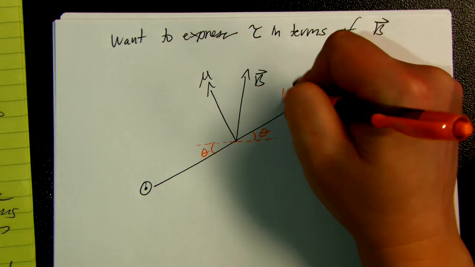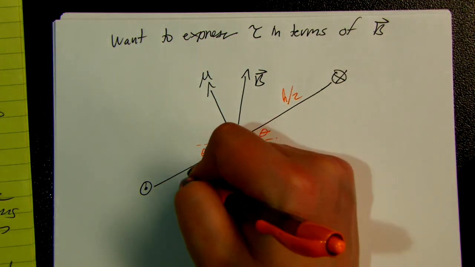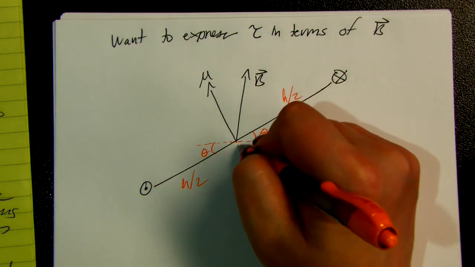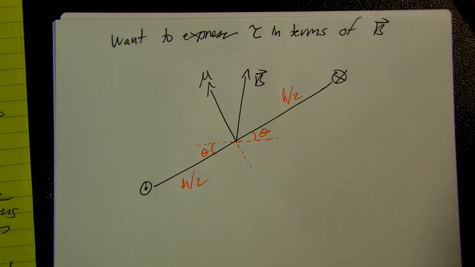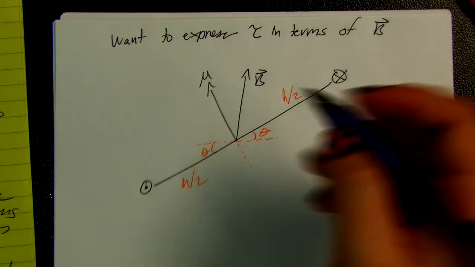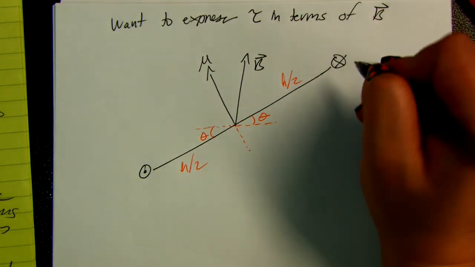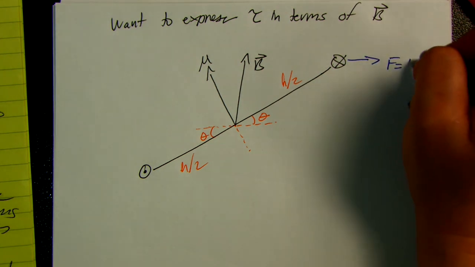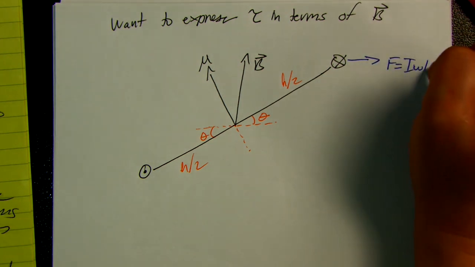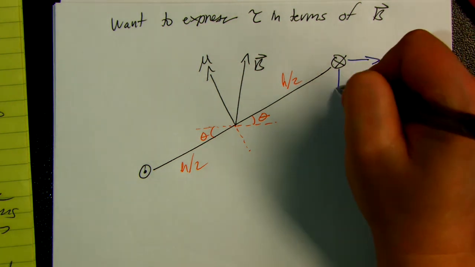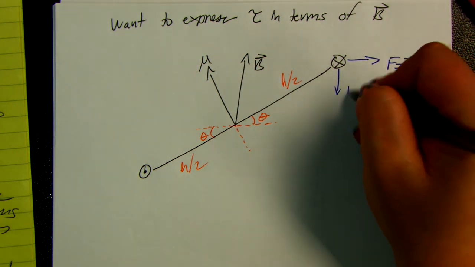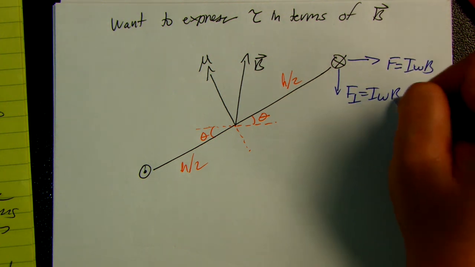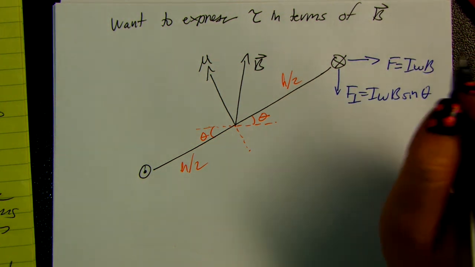So we have h over 2 here and h over 2 on this side. Okay, so we've got our force, which is equal to I W B, and then the perpendicular component of the force, F perpendicular, is equal to I W B sine theta.